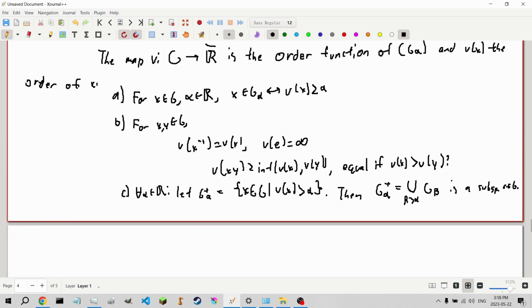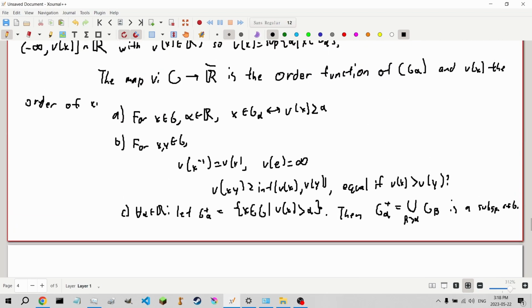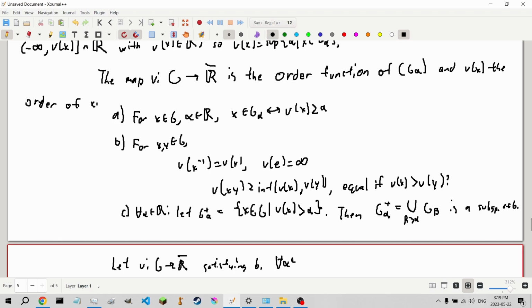Now we've seen this before: a mapping V of G into R satisfying B, for all alpha in R, let G_alpha be the set of x in G such that V of x is at least alpha.